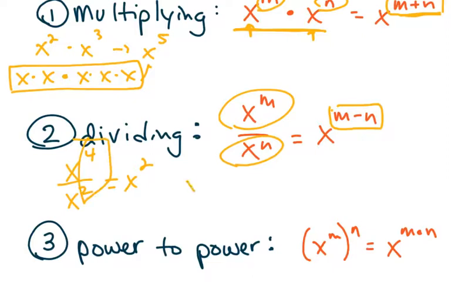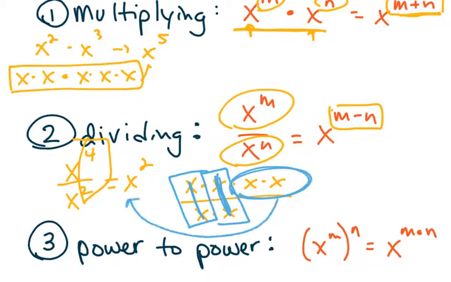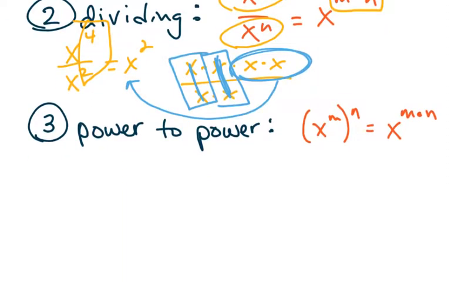Why does that work? If you think about the top having 4 x's and the bottom having 2, we can find the partners that pair up because x divided by x is 1. Here's another x divided by x, which is 1, leaving me with 2 x's, or x squared. So that's why that subtraction trick works.